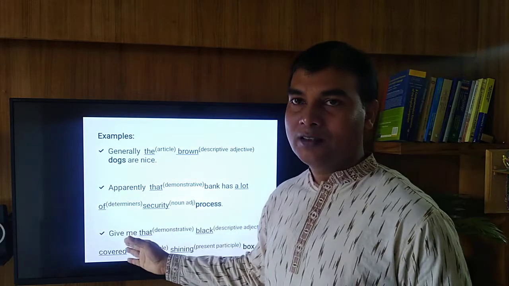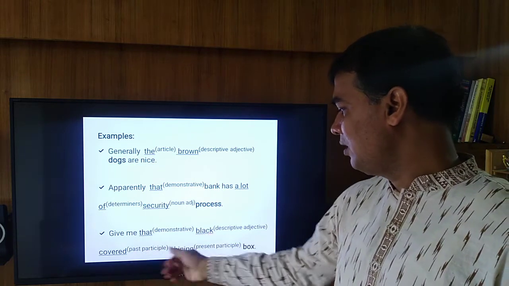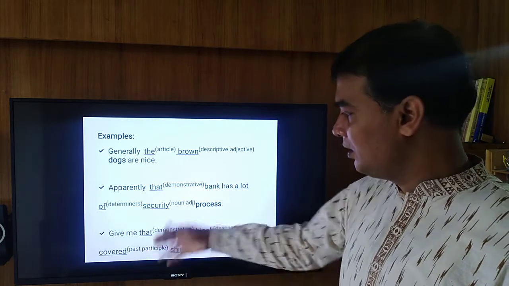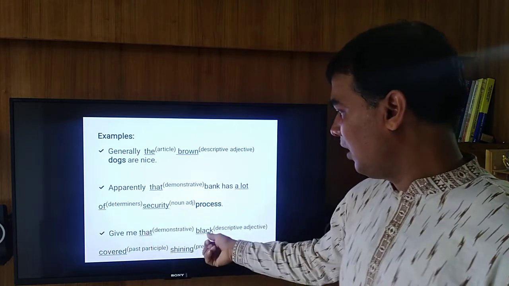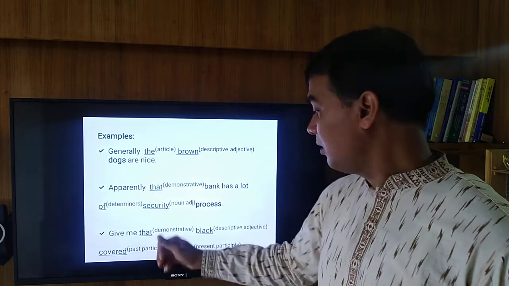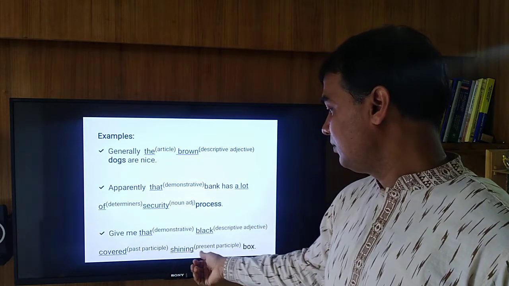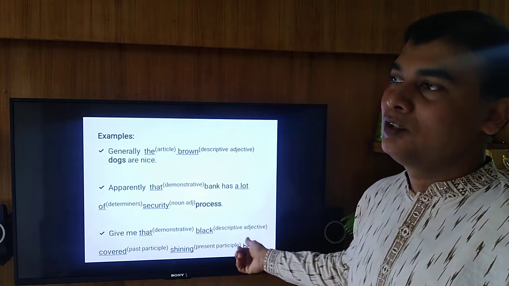And in the third example: give me that black covered shining box. In this sentence, "that" is a demonstrative. "Black" is a descriptive adjective. "Covered" is a past participle, and "shining" is a present participle, and "box" is the noun and head word of this sentence.